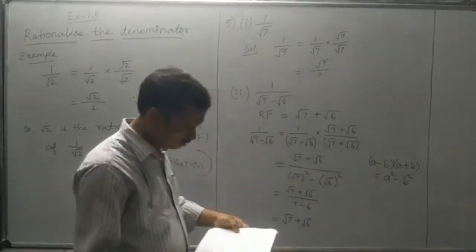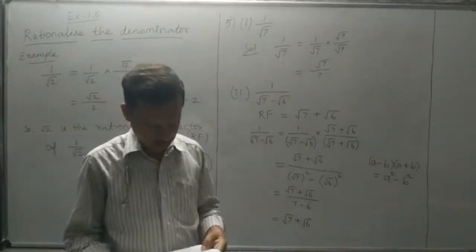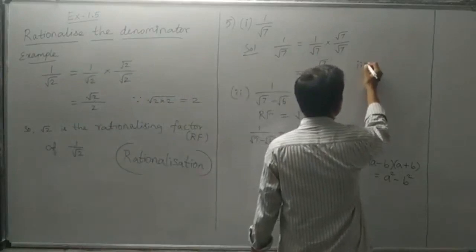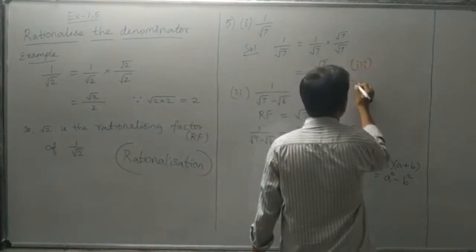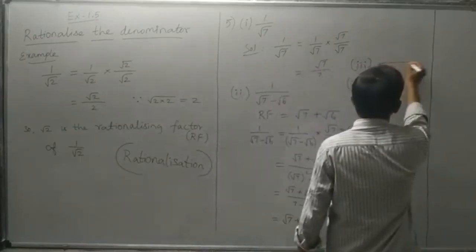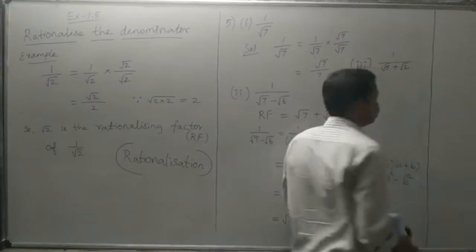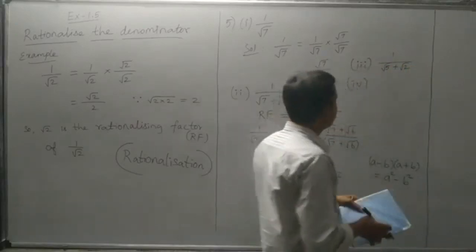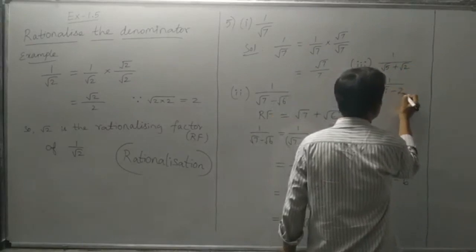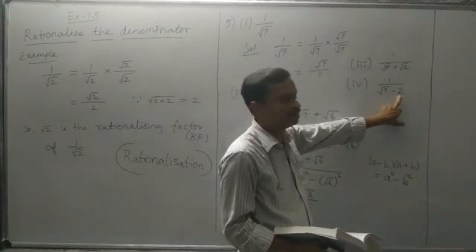Clear? There are 2 more sums. I will write down here option 3, option 4: 1 by root 5 plus root 2, and then 1 by root 7 minus 2. You have to be careful here.